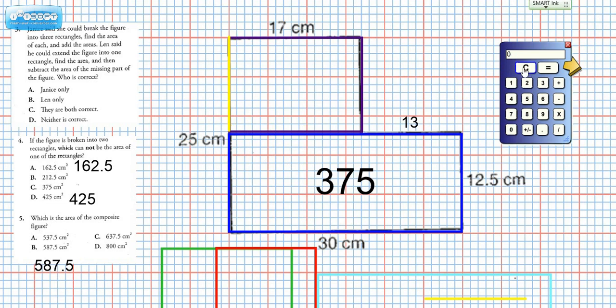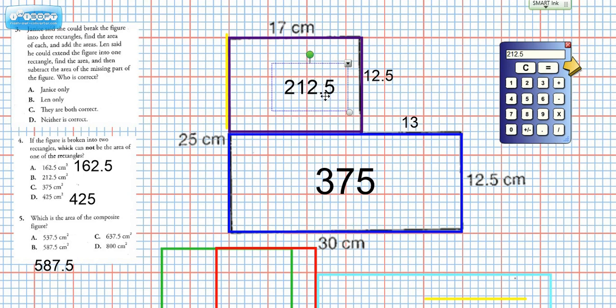To find out, let's subtract 25 minus 12.5, or 12 and 5/10. And we get 12 and 5/10 for the length of this line, which I'm just going to put over here. All right, so if this is 12.5, this is 12.5. To find the area of this purple rectangle, we would have to multiply 17 times 12.5. Equals, and we get this.